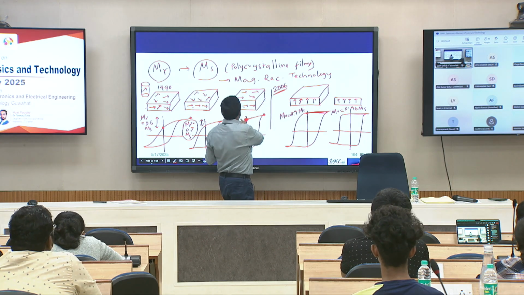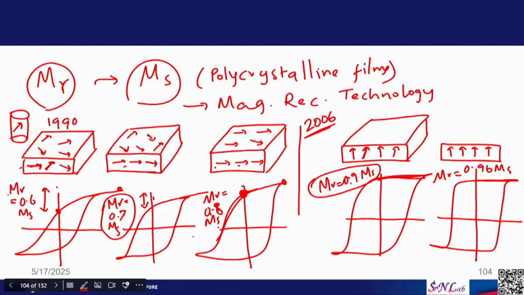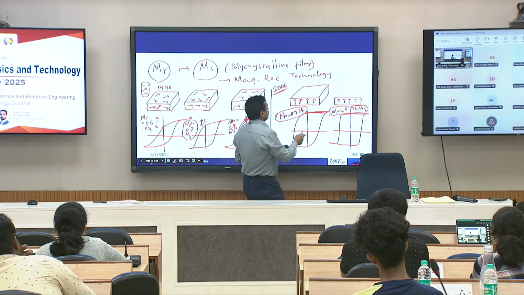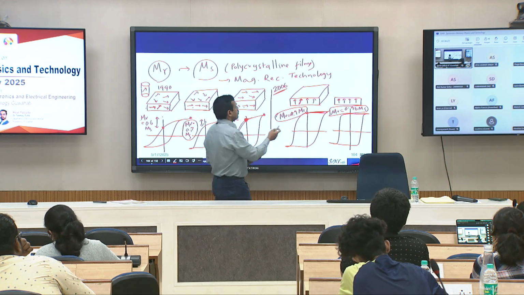When you go from longitudinal to perpendicular, you can roughly achieve 90% of saturation magnetization. And now, if you try to minimize this randomness, and make all the grains have easy axis perpendicular, then you can bring the MR very close to the MS. So even with polycrystalline materials, you can improve the process to ensure that your film is textured.